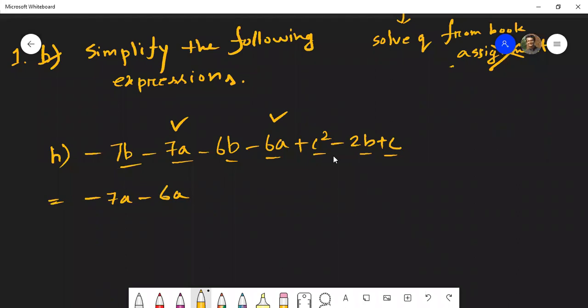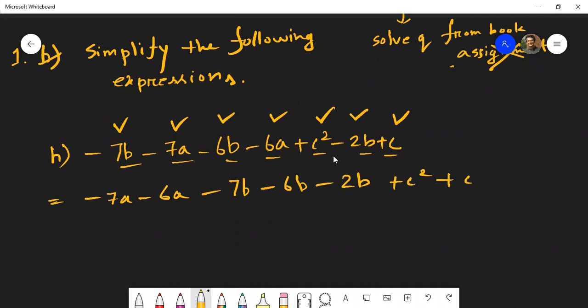And then we get a 7B, 6B, and a 2B. And we get plus C square plus C, plus C square plus C, right? That's the way.